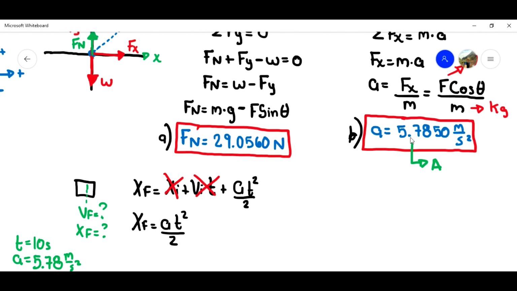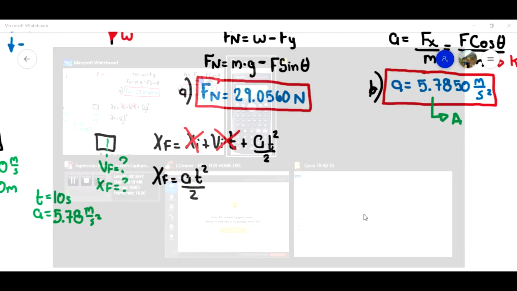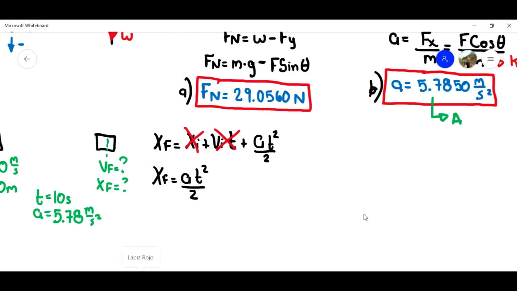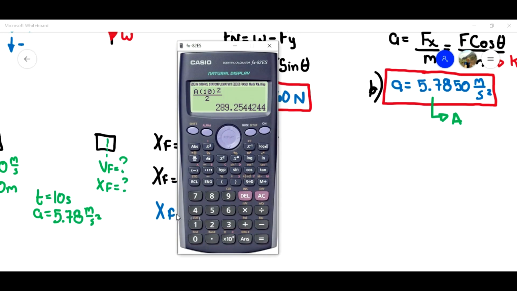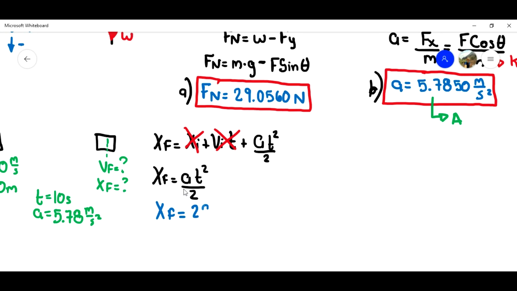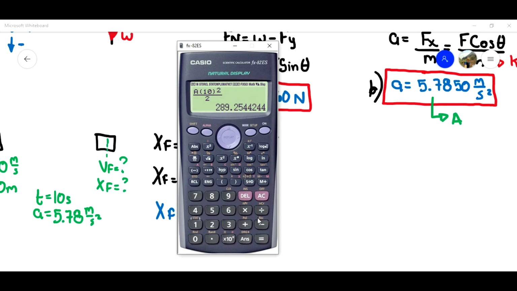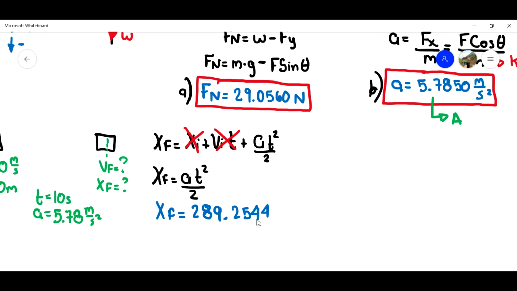In each second the velocity is going to increase 5.78 meters per second. So just don't believe that this is kind of true. Okay, my mistake, sorry. 289.254 meters in 10 seconds.